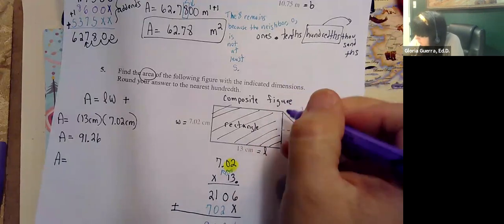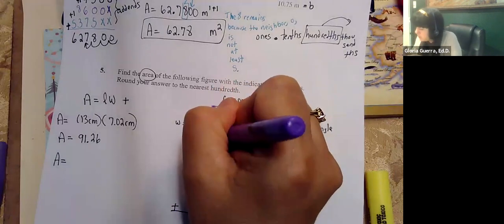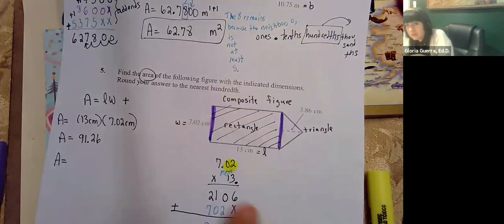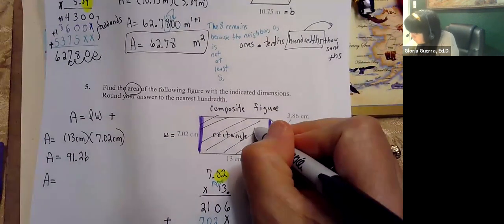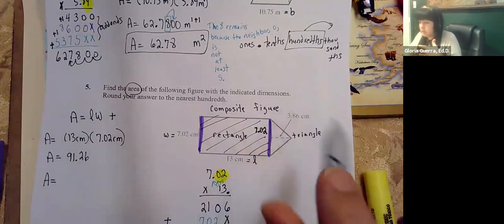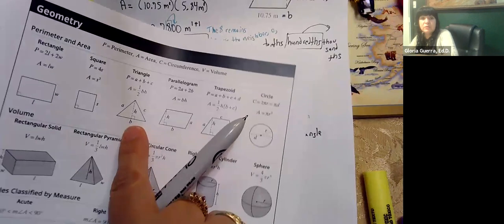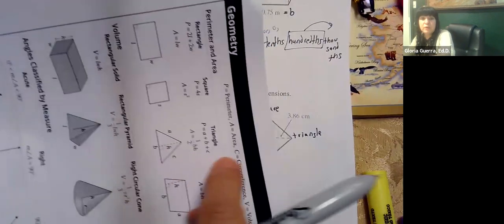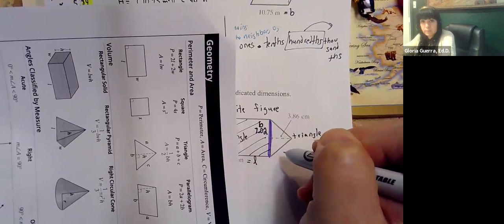Even though you don't see a number written here, you do know this number is going to be the same measurement as that, which looks like it's 7.02. And for us, this would be called the base of the triangle, because remember, this is your base. It's just turned over this way, okay? So that's your base. I'll put B right here for base.